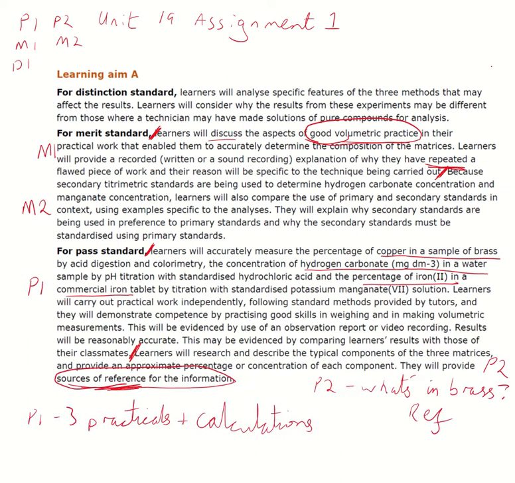That's what it's hinting at up here, what it wants you to discuss. So distinction, what can go wrong essentially in the practical that would affect the results and make you think they were a different value than what they actually were.